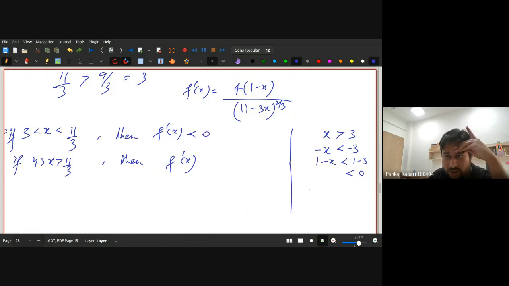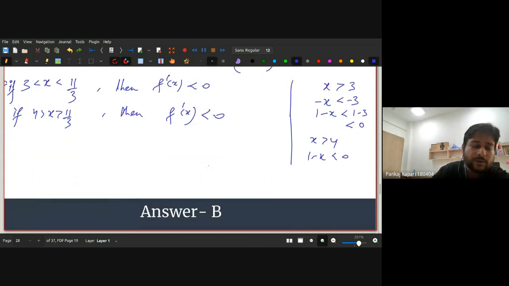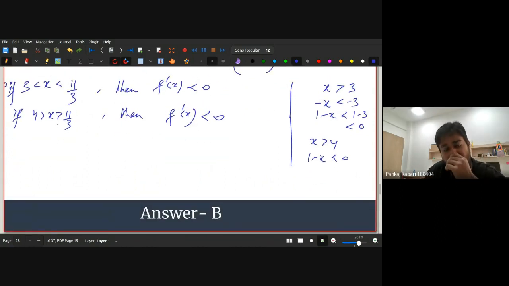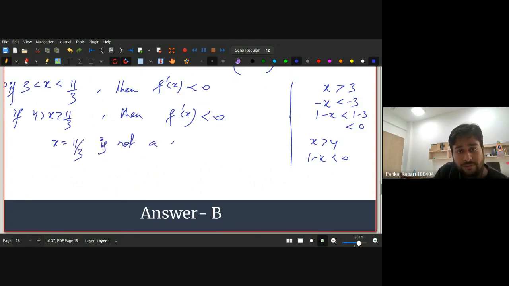Again, let's do some calculation. x is bigger than 4, so you'll again see that 1 minus x is less than 0. So f prime is again less than 0. Because the derivative does not change sign, 11 by 3 is not a point of extrema.